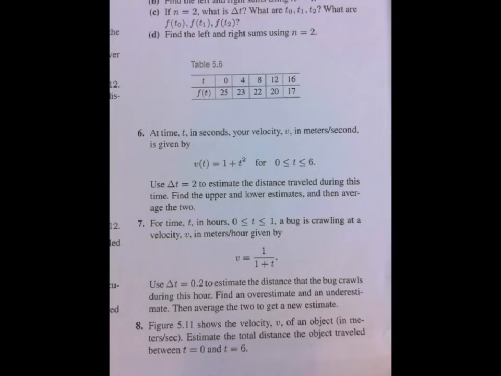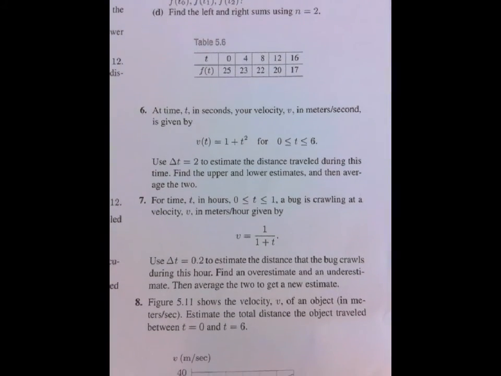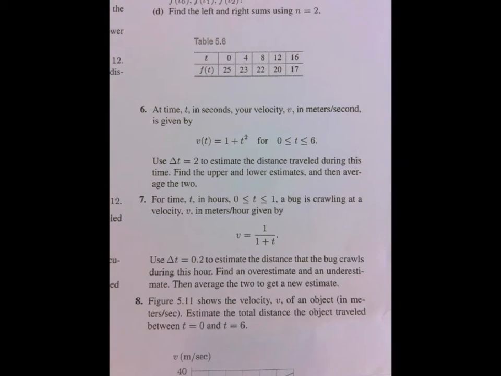At time t, in seconds, your velocity v in meters per second is given by that formula. T is between 0 and 6. So in other words, on the time interval from 0 to 6, we want the area, the distance that the car would travel, or whatever it is, from 0 to 6 seconds. If this is its velocity function, they want delta t is equal to 2 to estimate the distance traveled during this time. Find the upper and lower estimates, then average the two.